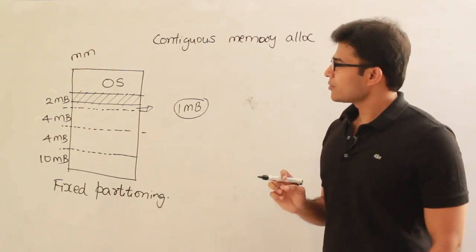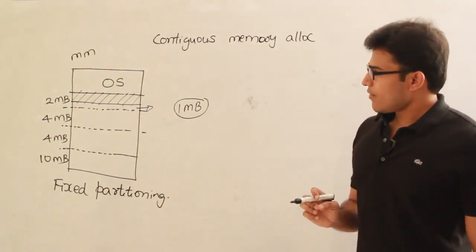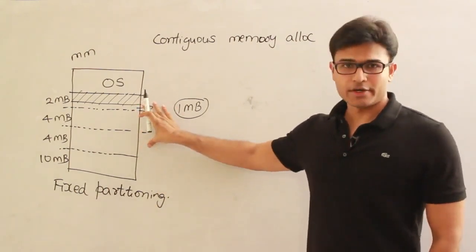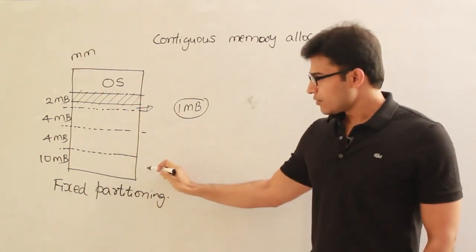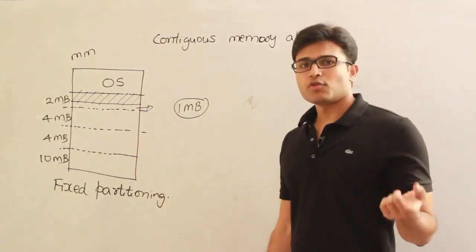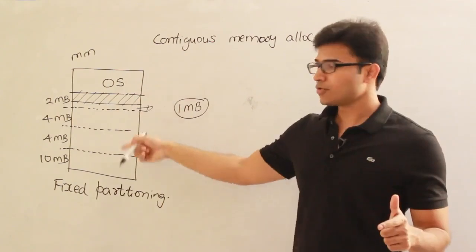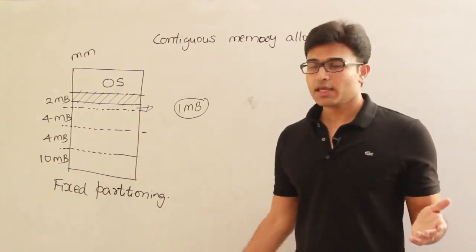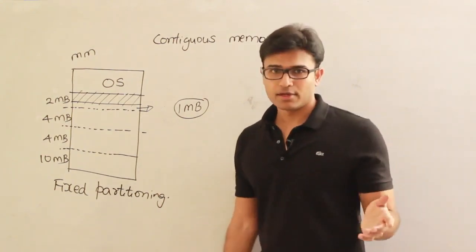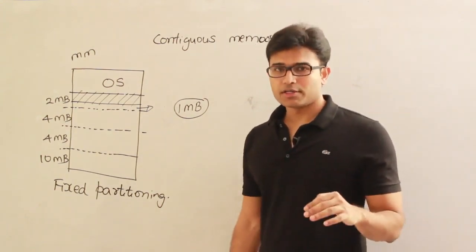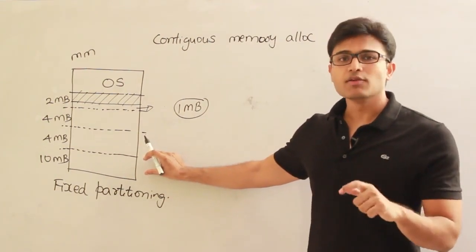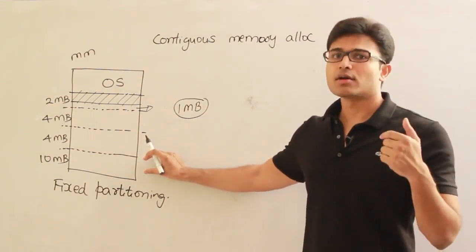Then there is another problem. What is the maximum size of a process that could be run in this architecture? If a process is less than or equal to 10 MB, it can be assigned to this partition and run. If the process is more than 10 MB, there is no partition which can hold it. Therefore, it may not be able to run in this architecture unless you use virtual memory. Virtual memory concept, we shall see later, right? Therefore, the other limitation is that the maximum size of a process is limited by the size of the partition, if you don't use either overlays or virtual memory.